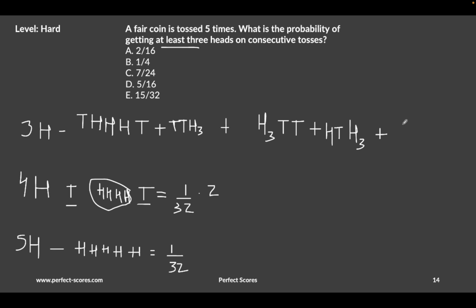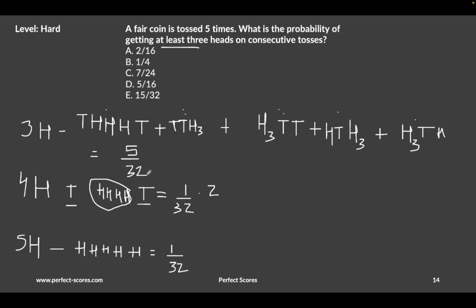And you can do the same for the other side: you can get 3 heads here and then you can get a tail and a head. So basically there are 1, 2, 3, 4, 5 different cases that you can get. And again, the probability, if you multiply all of these for heads and tails, is 1 by 32.